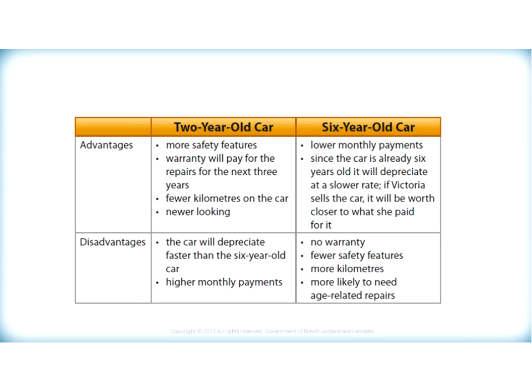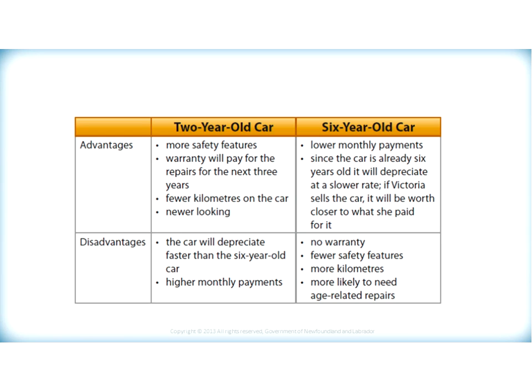So here are some of the advantages and disadvantages for the 2 cars. For the 2-year-old car, its advantages are that it has more safety features. The warranty is still in place. So for the next 3 years, if there are any repairs needed, she can get them covered under her warranty. There are fewer kilometers on the car.